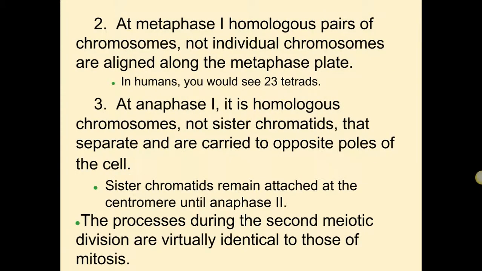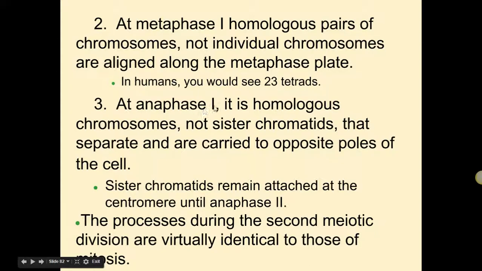And then note that at metaphase, it's not individual chromosomes being aligned like in mitosis. What's actually being aligned is the homologous pairs of chromosomes. So you would have 23 of them instead of 46 lining up.